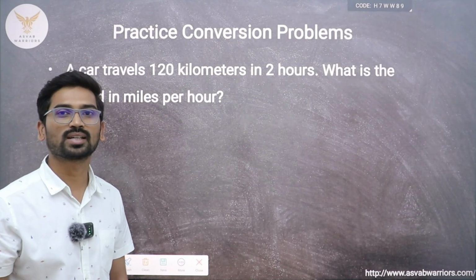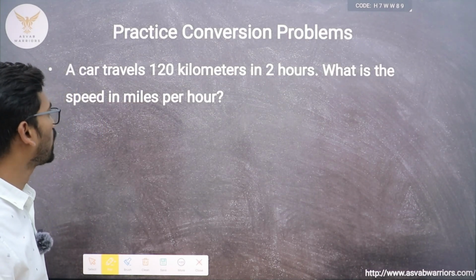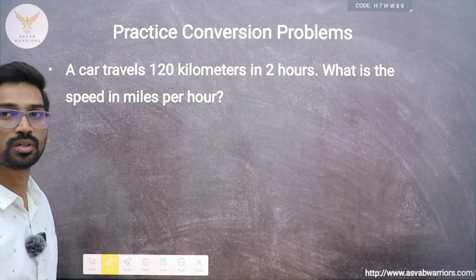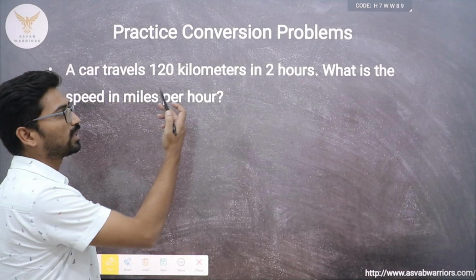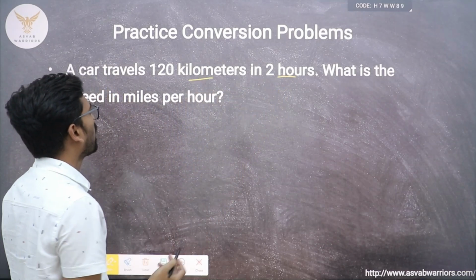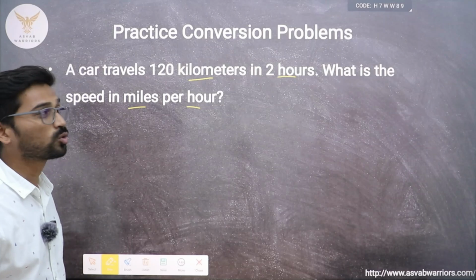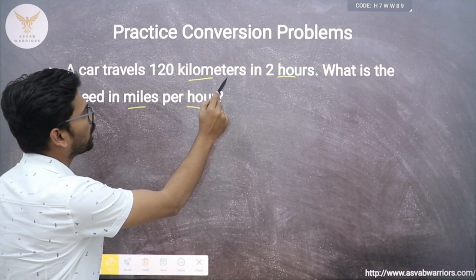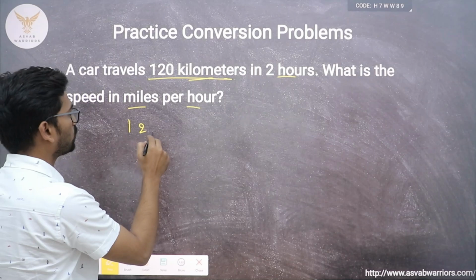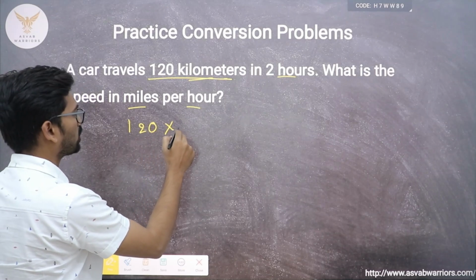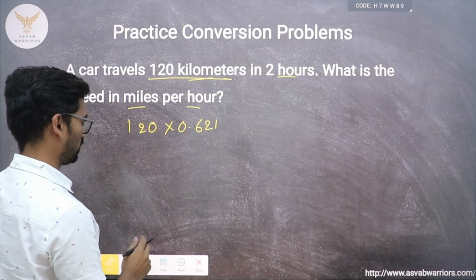Now we have another example, which is a car travels 120 kilometers in 2 hours. What is the speed in miles per hour? We have been given the data in the kilometers and hours, and we have to find out the speed in miles per hour. So we have to convert this 120 kilometers into miles. So how to convert? 120 kilometers times 0.621.